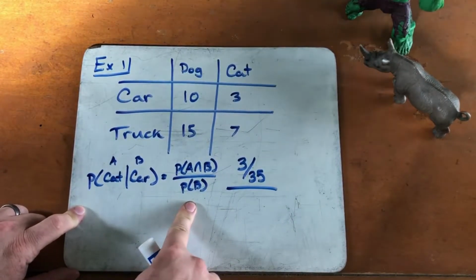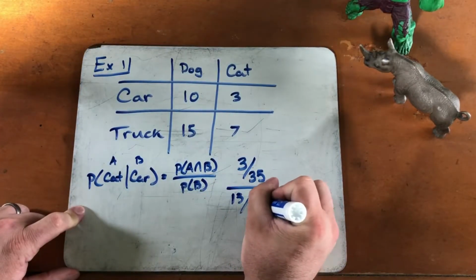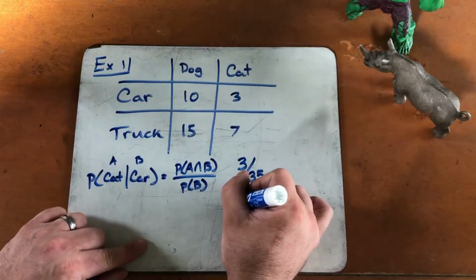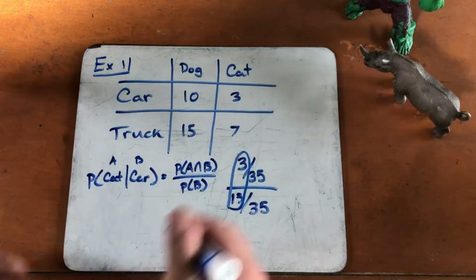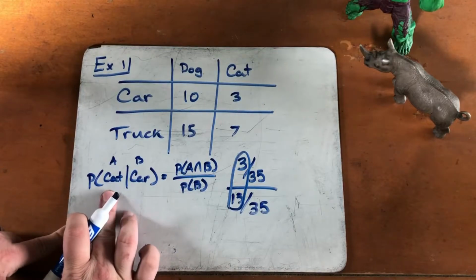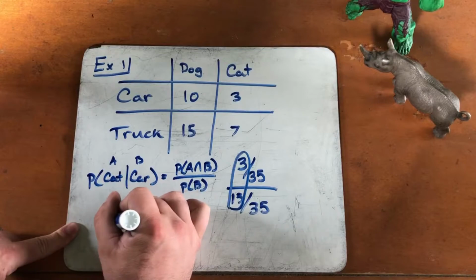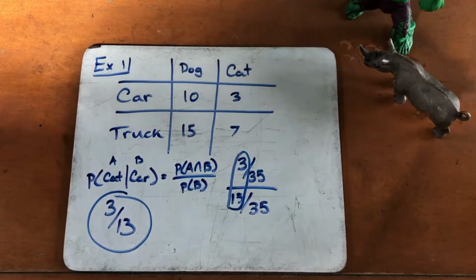What's the probability that someone owns a car? Which is 13 out of 35. When I simplify this, my answer is 3 over 13. So the probability that someone owns a cat, given that they own a car, is 3 out of 13. And this does not simplify, so I am finished.